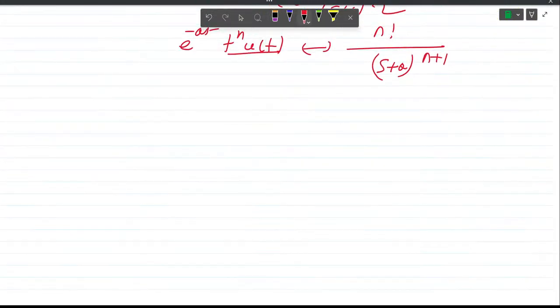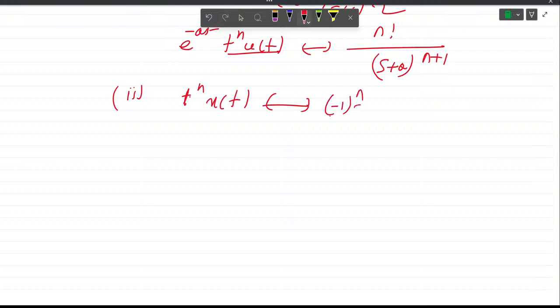Property 2: t to the power n x(t) has the Laplace transform of, because we have seen before that t x(t) has minus dX(s)/ds. So here t to the power n x(t) will have minus 1 to the power n times the nth derivative of the Laplace transform X(s) with respect to s.